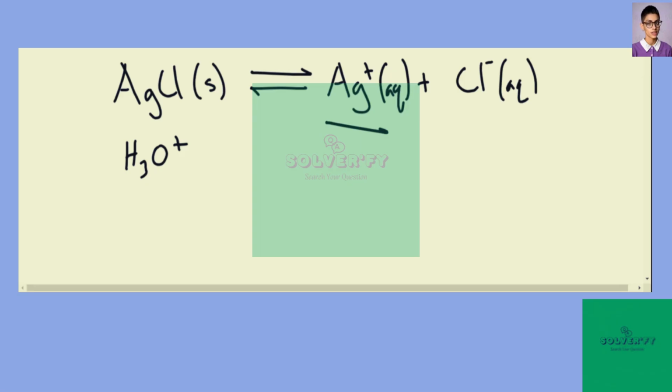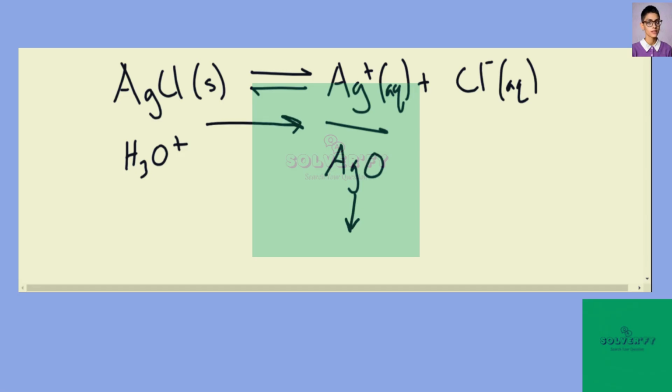And that is because when you put hydronium in, the oxygen will associate with the silver because it will have a more negative charge to make silver oxide, and it will precipitate out. So that means that the products will leave the reaction, and thus it will favor the products.